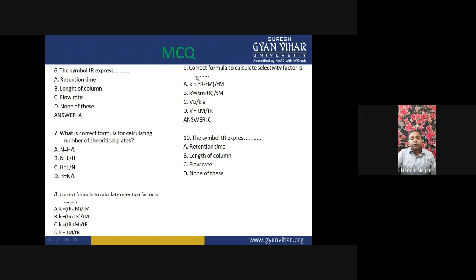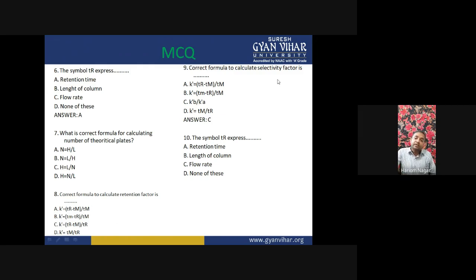Now the correct formula to calculate selectivity factor is. So how can we calculate the selectivity factor? The selectivity factor is the ratio of the capacity factors or retention factors of different components. If we want to calculate the retention factors of component A and component B, we can use the formula.